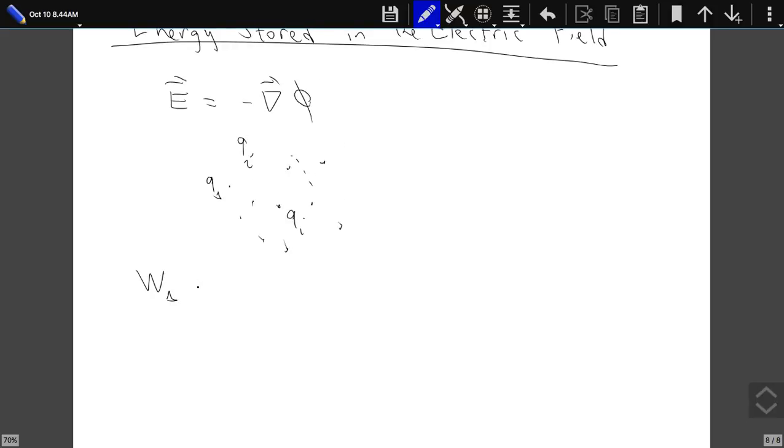What is the work that you have to do if you want to bring Q1 charge from infinity? That is the first charge. There are no other charges, so there is no force acting on it, and you don't need to exert any force on it. It will just eventually come there. So the work done is 0. Omega 2.